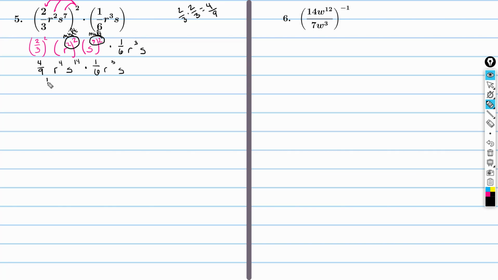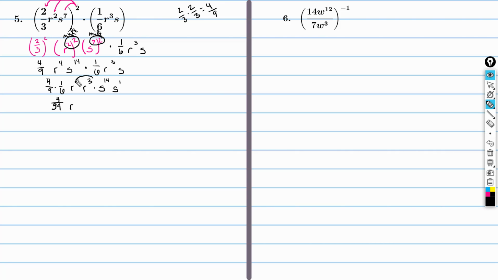Now I'm going to rearrange. 4/9 times 1/6 is equal to r to the 4th times r cubed times, now we have the s's, so we have s to the 14th and s to the 1st. So when we multiply this, we get 4 divided by 54.